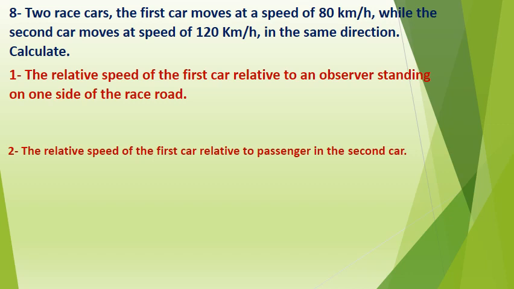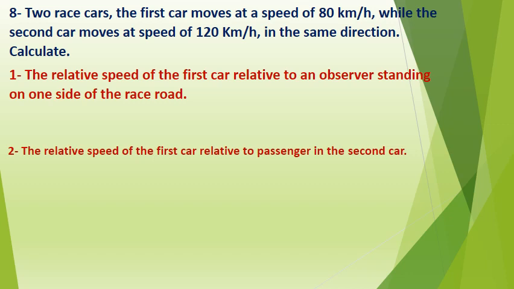Pay attention. We said that the relative speed relative to an observer standing equal the real speed, and here I need the relative speed of the first car. Do you know the relative speed of the first car relative to an observer standing? Excellent.